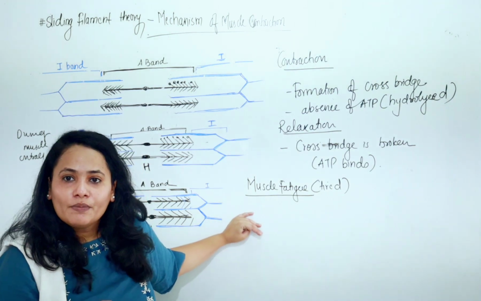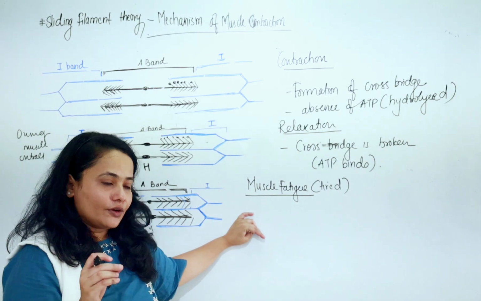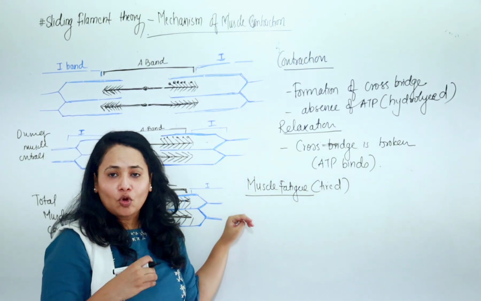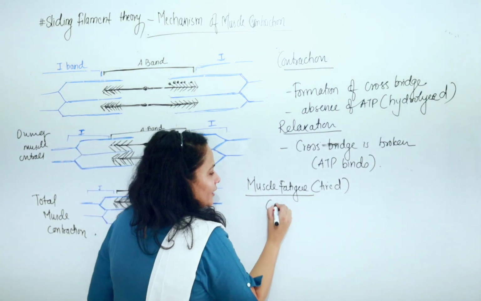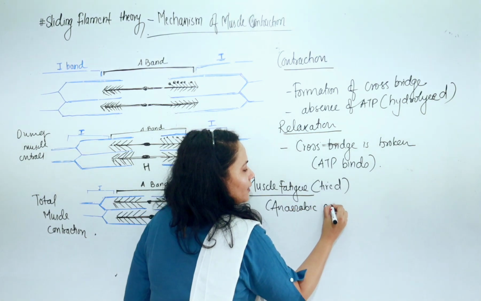What happens over here? When the muscle is getting fatigued, means it is getting tired. When we do the strenuous exercise, whenever we do any work, oxygen decreases in our body, so an anaerobic condition develops. What condition develops? Anaerobic condition.